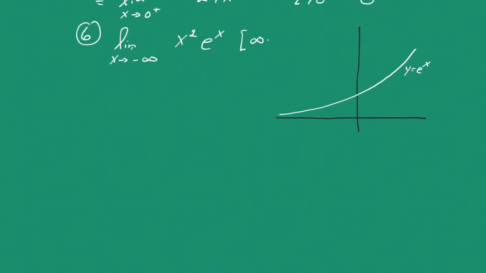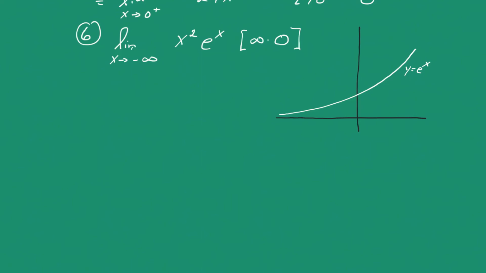Well, just remember what our graph of e to the x looks like, and we see that as x becomes large and negative, e to the x gets closer and closer to 0. It's always positive. It never actually equals 0, but it gets closer and closer to 0, so our limit as x tends to minus infinity of e to the x is 0. So write that down. Okay, so this looks like infinity times 0.